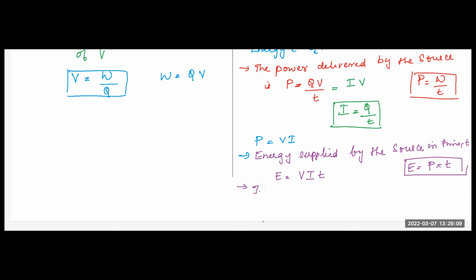So this energy is dissipated as heat in a pure resistive circuit.